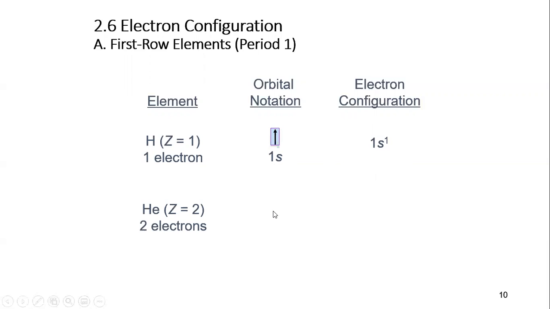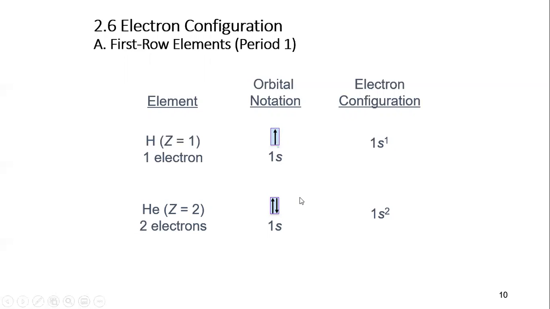Now if we go to helium, helium has 2 electrons. Again, we start with the 1s orbital. Now it can hold a maximum of 2 electrons, so we put both electrons in there, and its electron configuration is 1s2. So hydrogen is very reactive because it only has this 1 electron, but helium is very inactive because it's all paired up.